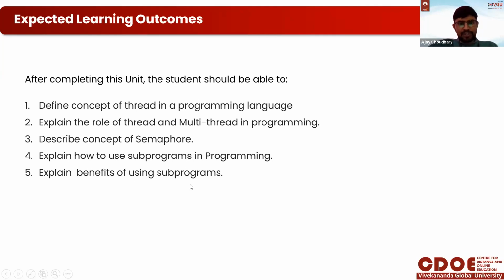So we need to process any program. A program is many lines of instructions. When we compile and run that program, these processes require some memory space, some storage, some processing, and some time.